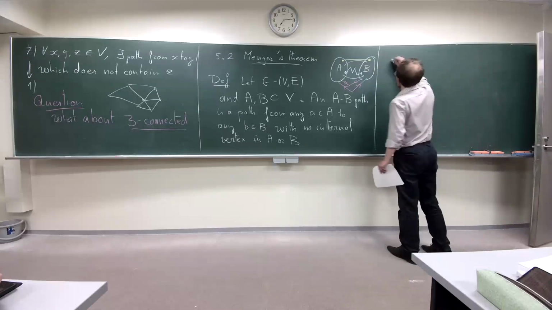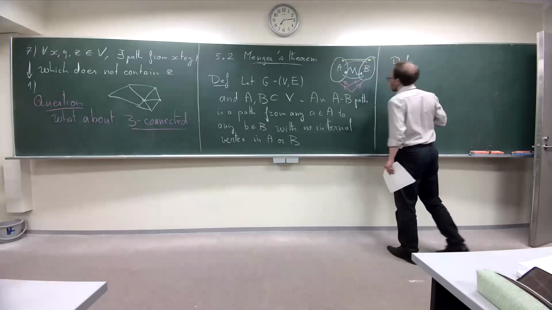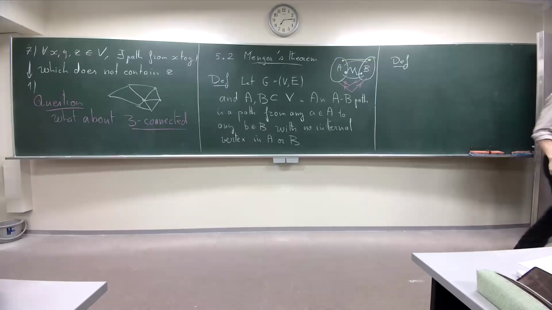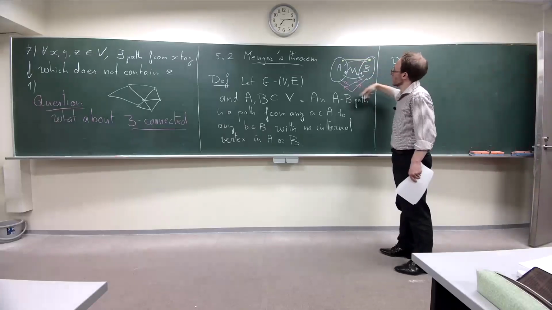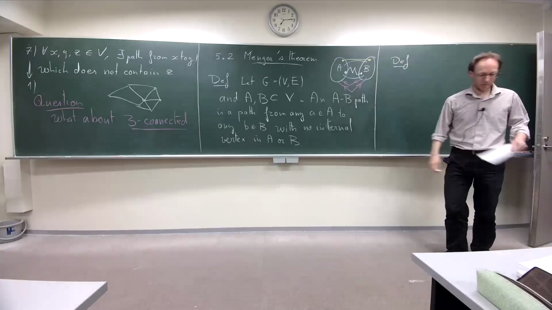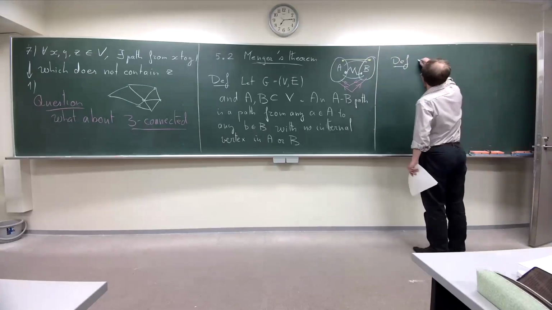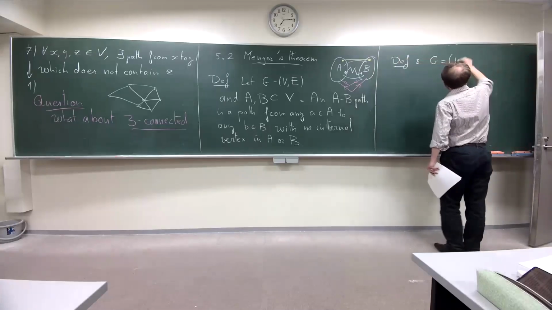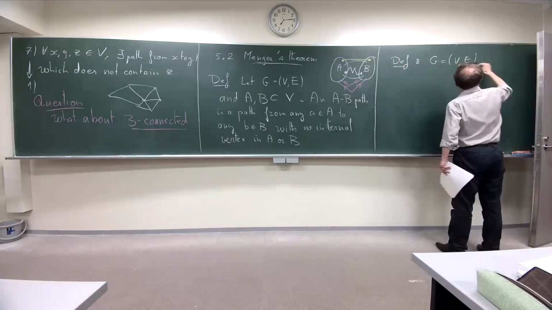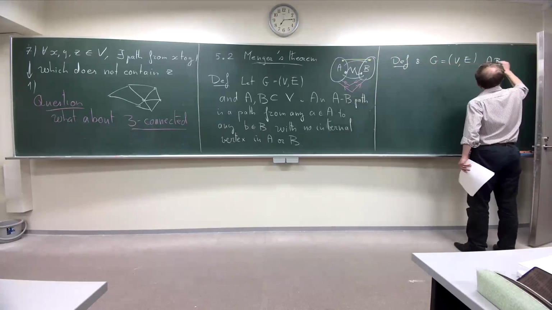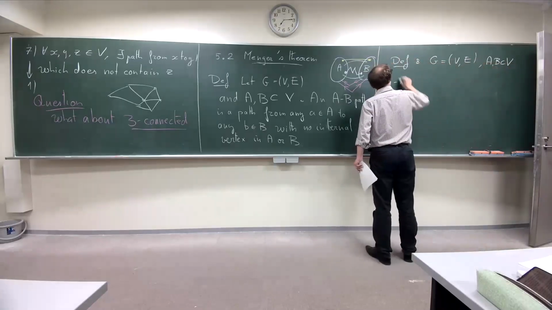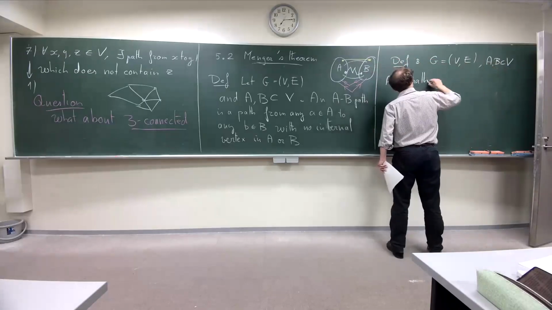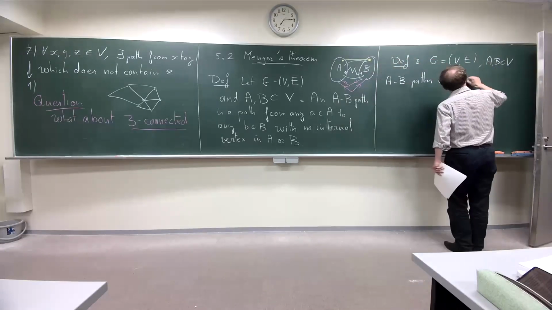And now I need to extend the notion of internally disjoint because I did it for two points X and Y. Now, what is a family of internally disjoint AB paths? So same framework, G = (V, E), and we have A and B inside V. AB paths are internally disjoint.